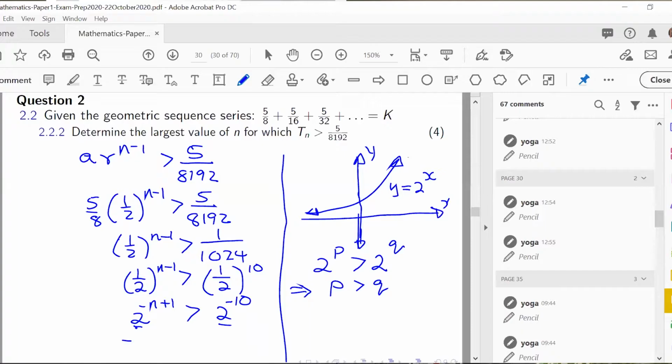So in this case, the fact that we have our base as 2, we can draw the conclusion that minus n plus 1 is bigger than minus 10, which means that minus n is bigger than minus 11, or n is less than 11.